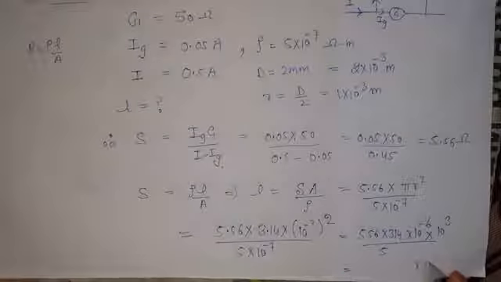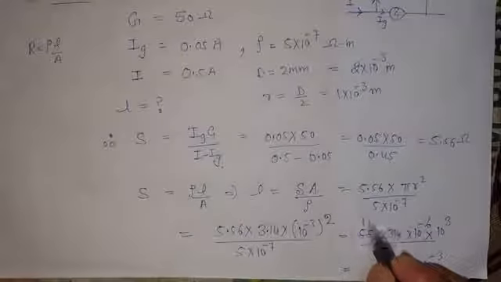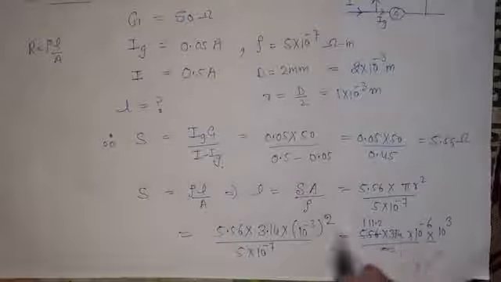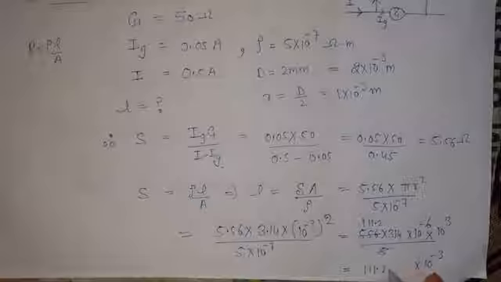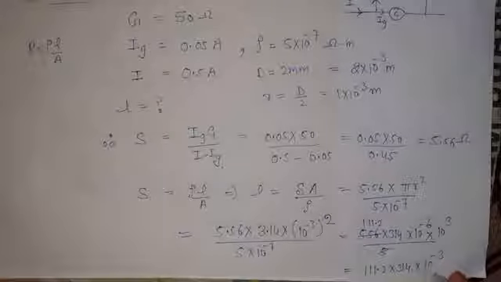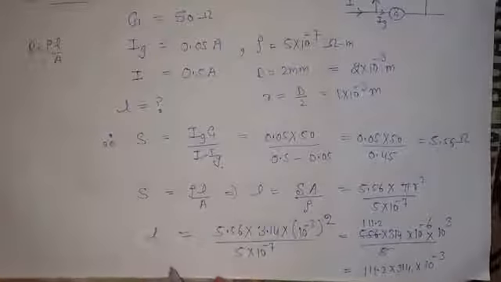Then 1 and 1 cancel, and here it is 1.2. Okay, this is over there, then 111.2 into 314. This will give us the final answer. So you can give this in the comment box: how much is the length of the shunt wire.